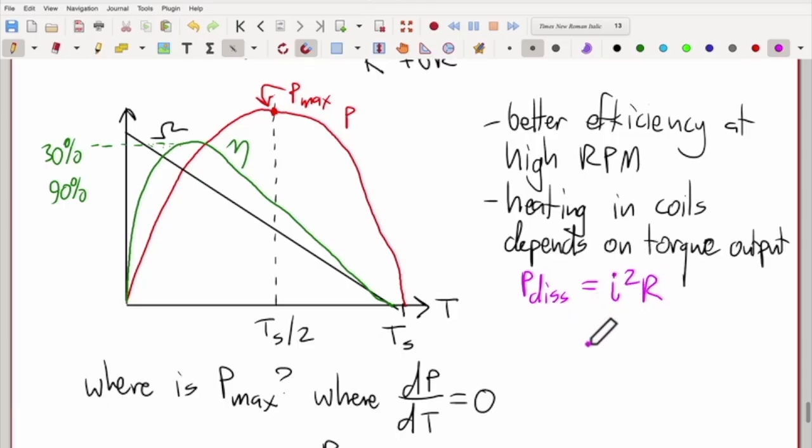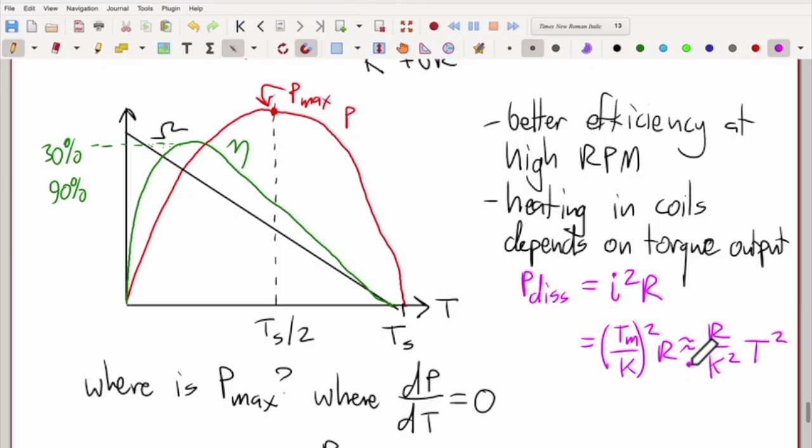It depends on I squared, and if we substitute in the torque instead, I is equal to Tm over K, so we get Tm over K squared times R. Tm is usually pretty close to the actual torque here, so I'm just going to write this as R over K squared times the torque output squared.